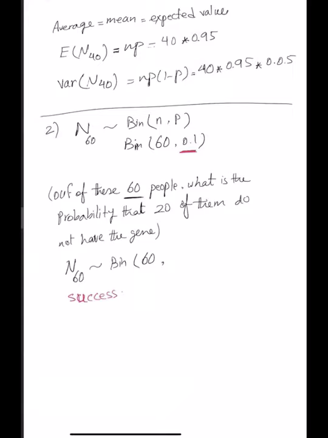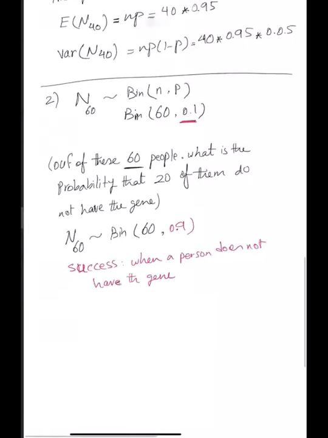Success here is defined as a person not having the gene. In this problem, the chance of not having the gene is 0.9.